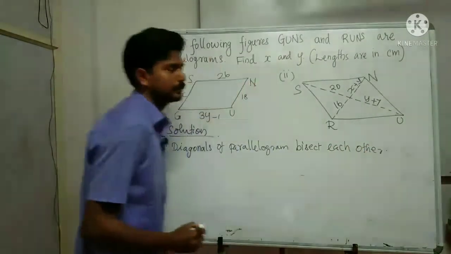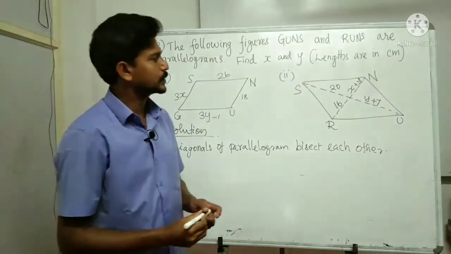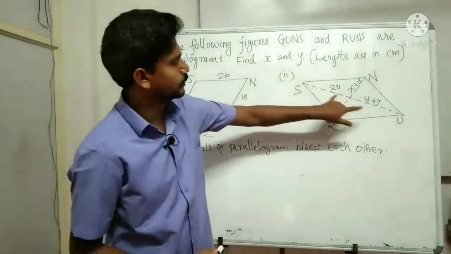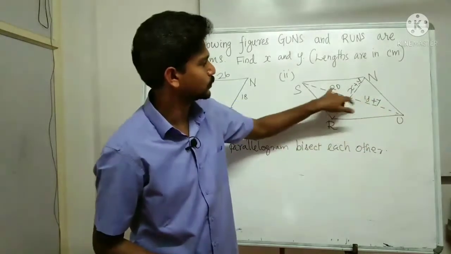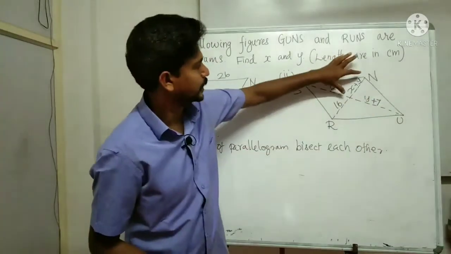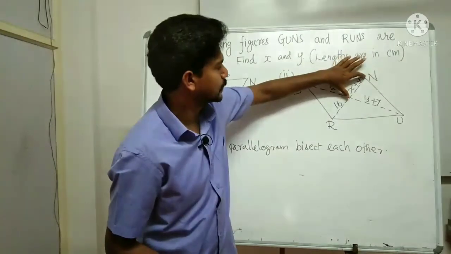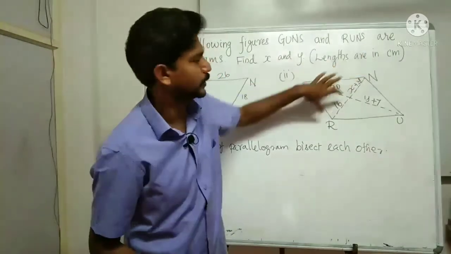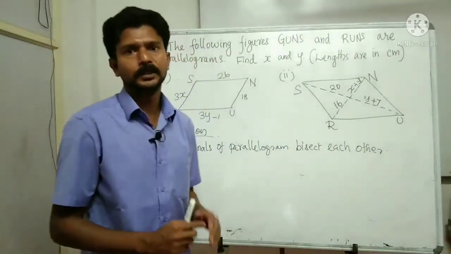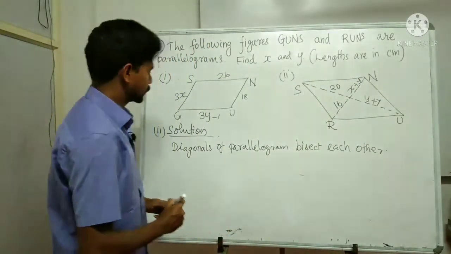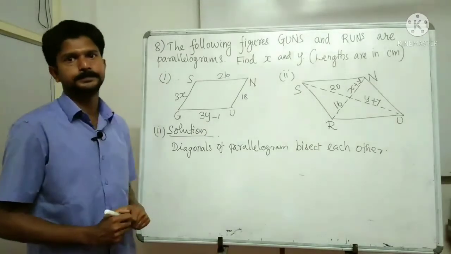What is the meaning of it? Bisect each other, which means the length of 20 is equal to x plus y. So x plus y is equal to 20. Same way, the length of x plus y is equal to 16. Both are equal. That is the meaning of bisect. It divides each other into equal halves.